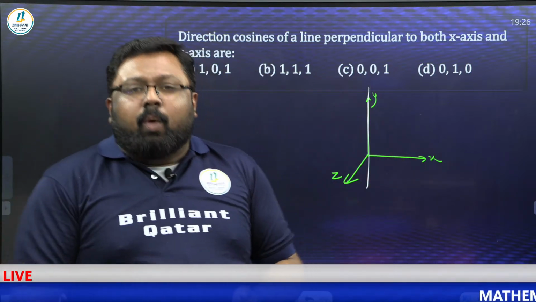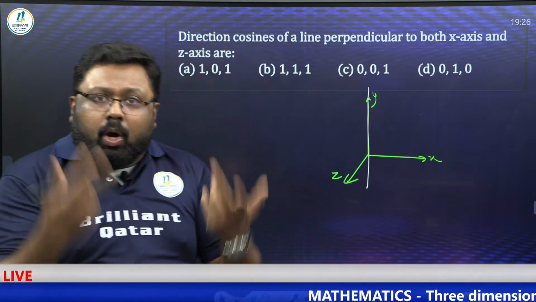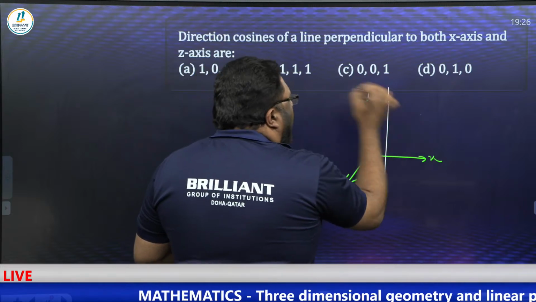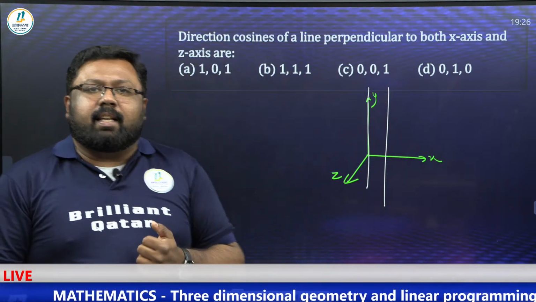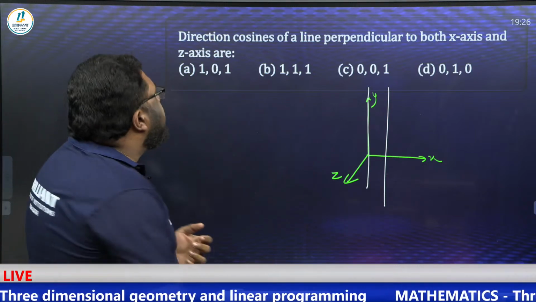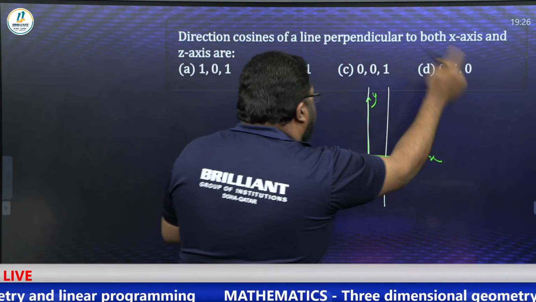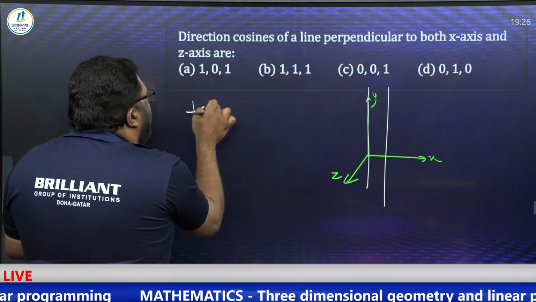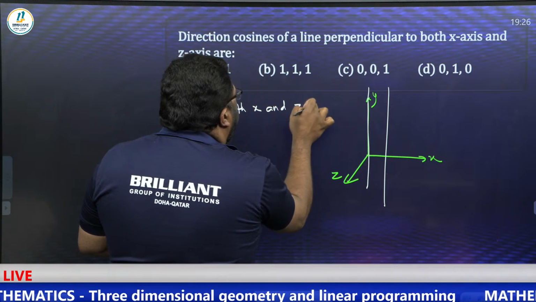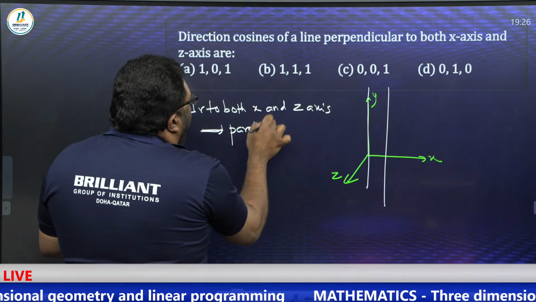Y-axis is the line which is perpendicular to both x and z, the most common one. So any line that is parallel to y-axis is also perpendicular to both x and z. If you have this logic in mind, the question is very simple.